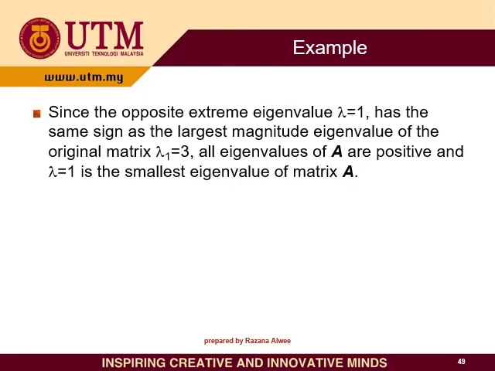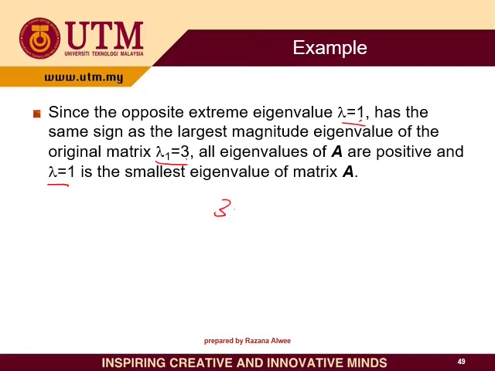Since the opposite extreme eigenvalue that we found is 1, and all eigenvalues of matrix A are positive, this has the same sign as the largest magnitude eigenvalue of the original matrix, which is 3. So 3 is the largest that we found, and 1 is the smallest, the opposite extreme eigenvalue, so 1 is the smallest eigenvalue of the matrix.